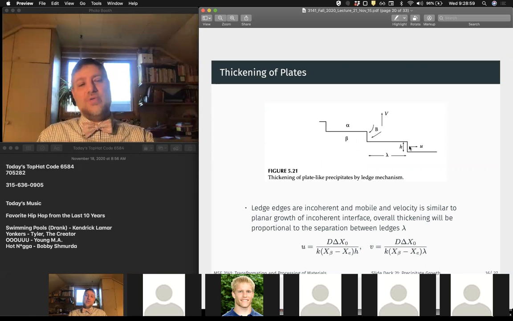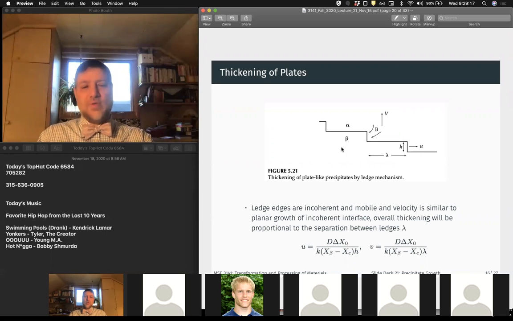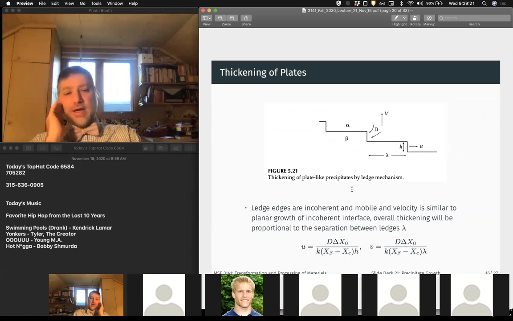So our U velocity here is much, much faster than our overall growth thickening velocity, right? So we can add things to this edge very easily. Same thing as in solidification, but moving this interface this way is slow because it's just going to be one ledge passing at a time, okay?